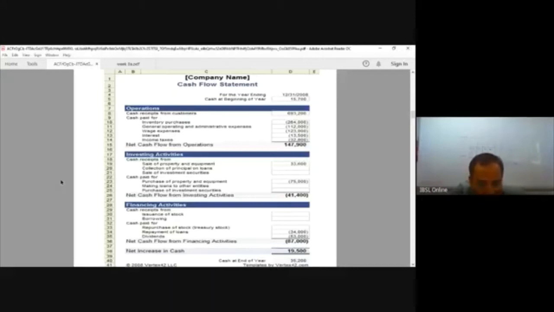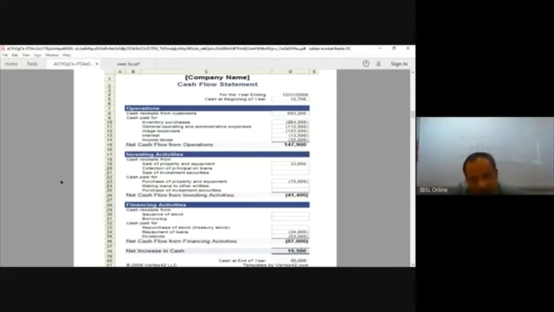So how much money came in by way of borrowing, and how much money was paid out, such as redeeming treasury and loan repayments.